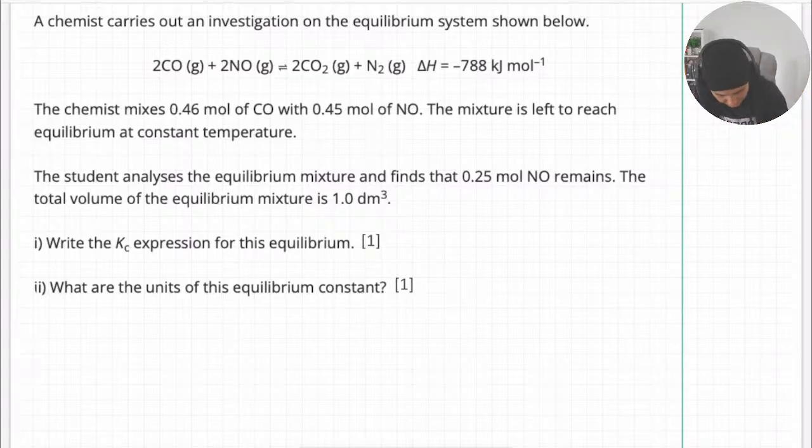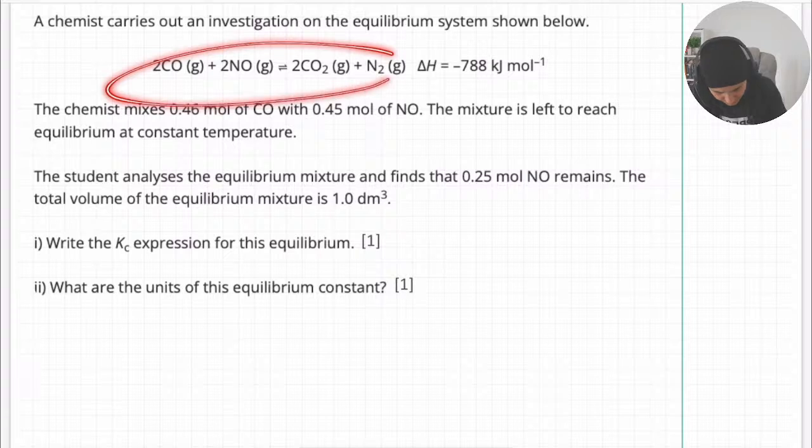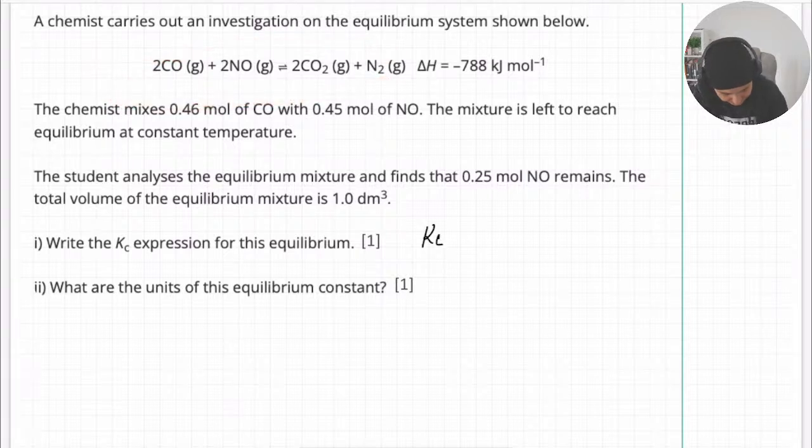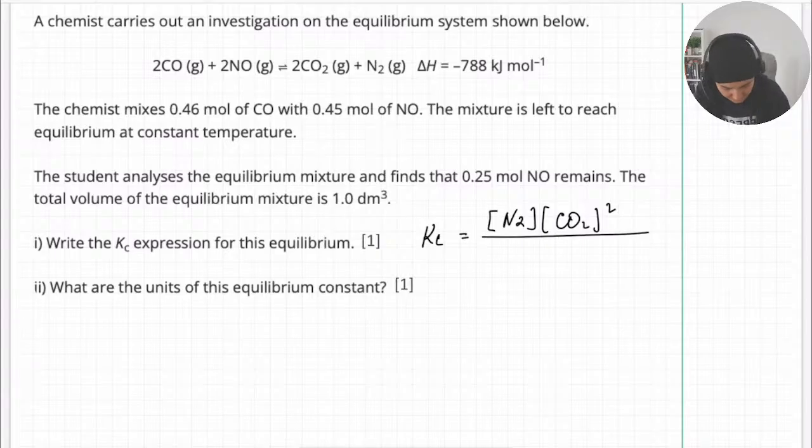So for this equation, we write it as Kc, and then in the numerator we have nitrogen to the power of 1, because the coefficient is 1, times, not plus, times CO2 to the power of 2, divided by the reactants, CO squared times again NO to the power of 2.